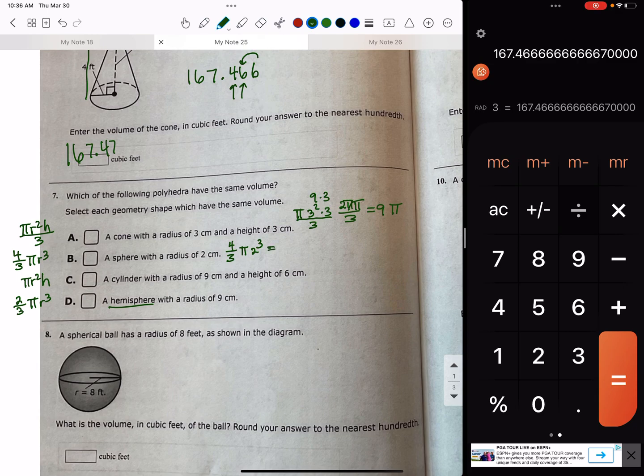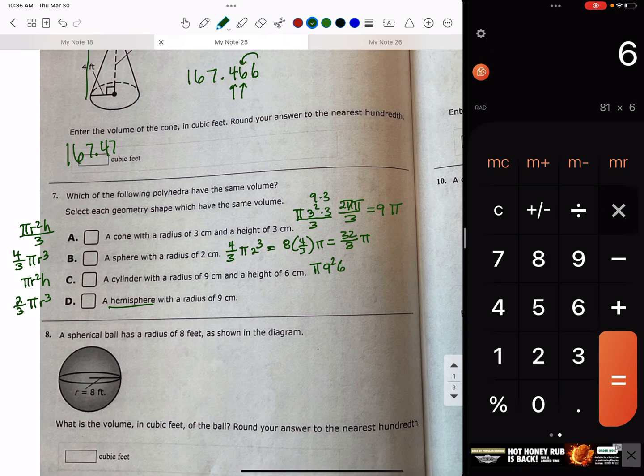That's 8 times 4/3 times pi equals 32/3 pi. Okay. A cylinder with a radius of 9 and a height of 6. So pi times 9 squared times 6. Let's see. 81 times 6 equals 486 pi.